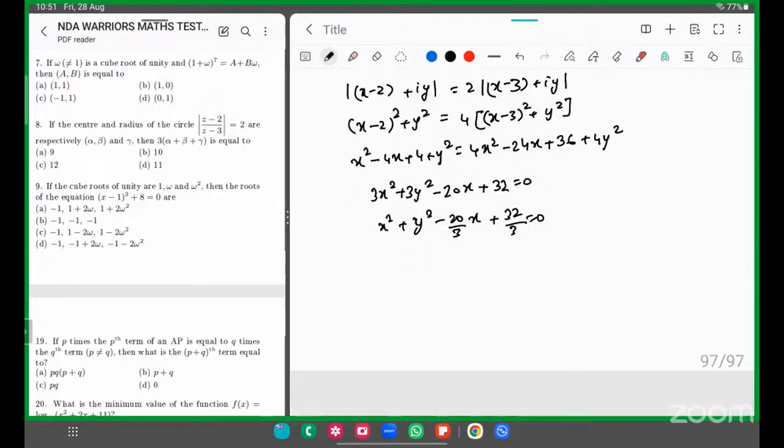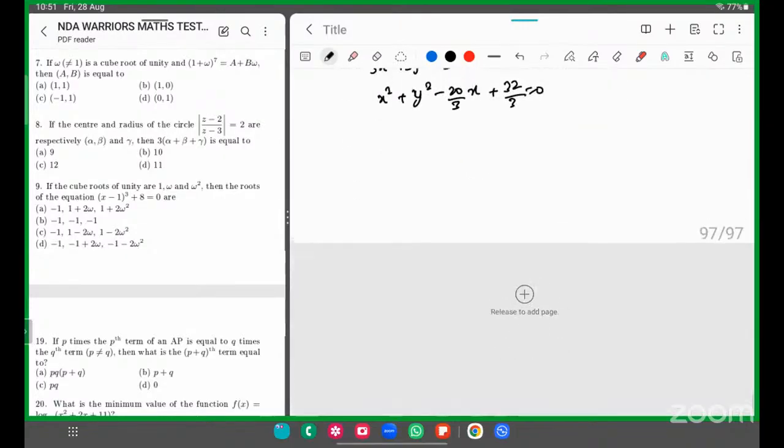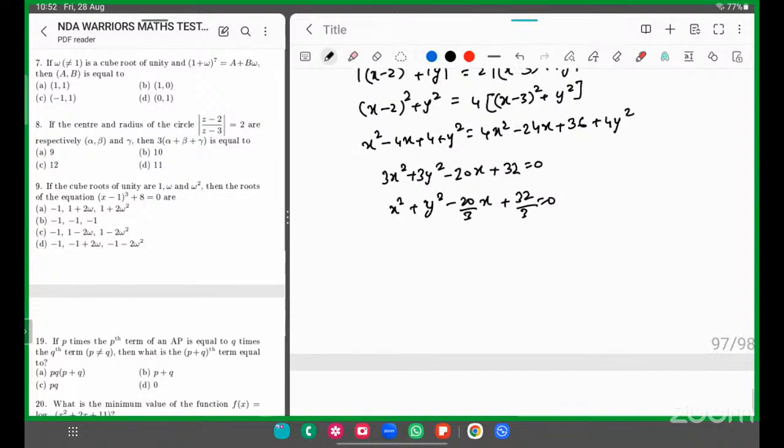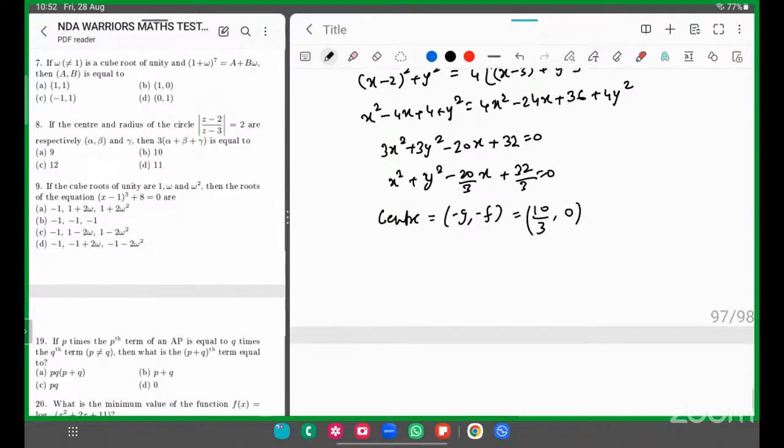So we need to find the center and radius for this circle's equation. We know the center is minus g comma minus f. Here 2g is equal to minus 20 by 3, so g is equal to minus 10 by 3, and there is no y term, so f will be 0. The radius formula is under root g square plus f square minus c.